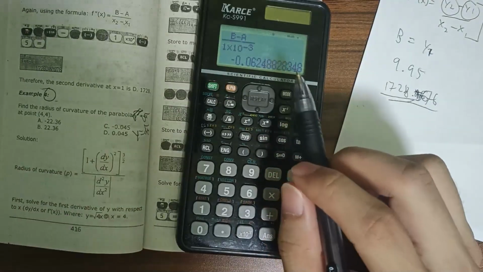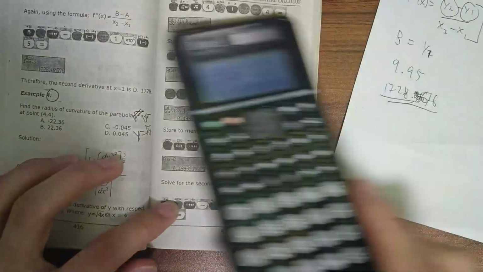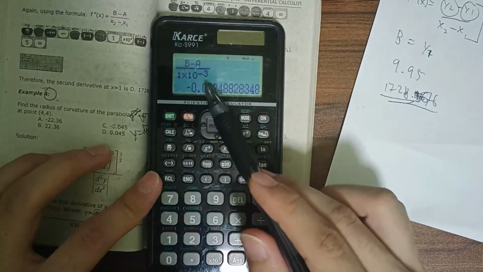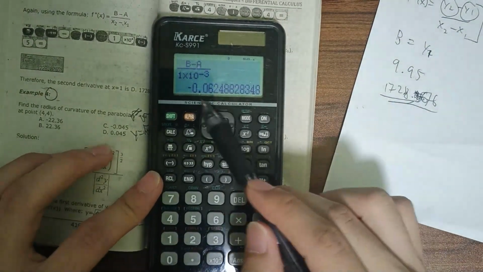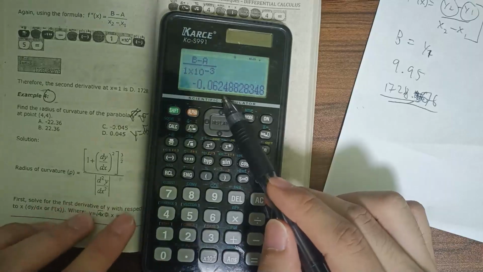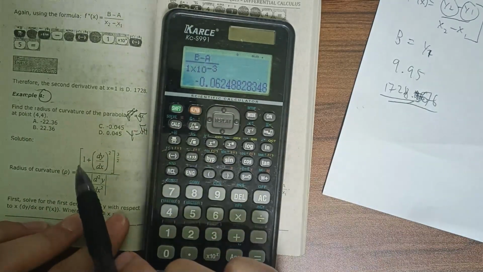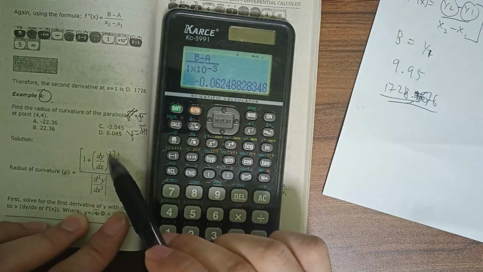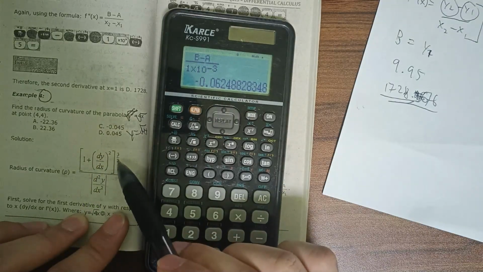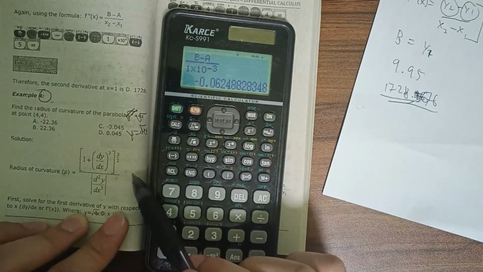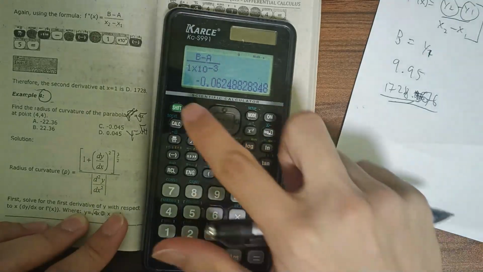So that is our value for our second derivative. And then we will apply the formula. 1 plus first derivative squared, then raised to 3 halves all over the second derivative. Okay.